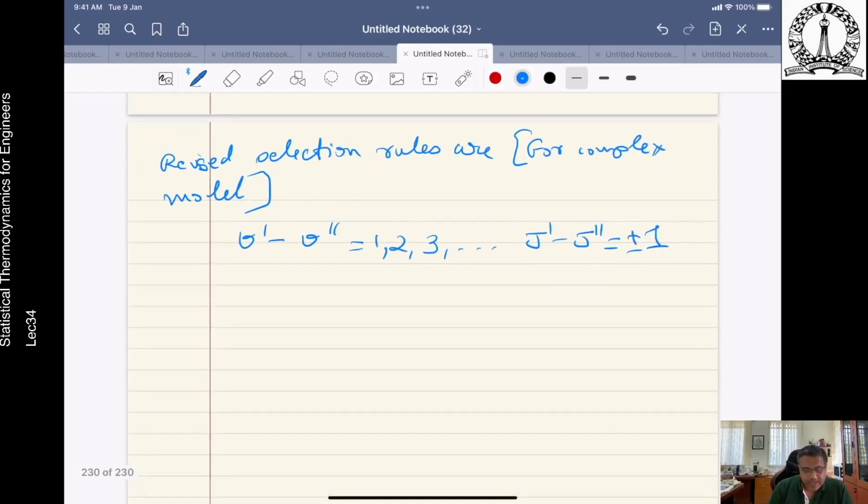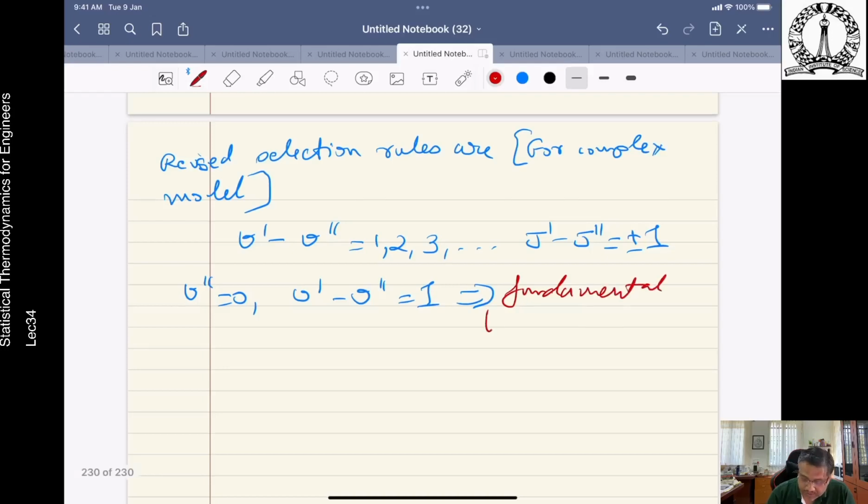So for V double prime equal to 0, V prime minus V double prime equal to 1 designates the fundamental transition.